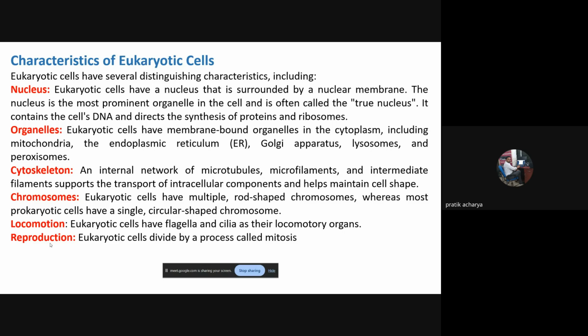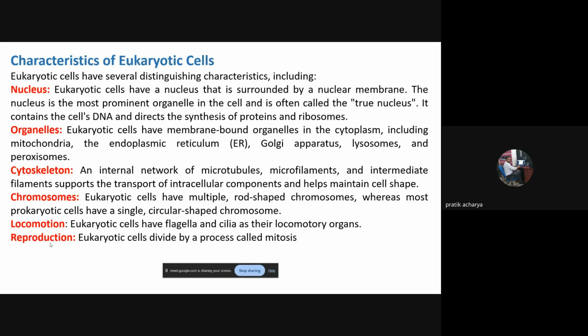The cell wall is another important property of eukaryotic cells, which is not present in all eukaryotic cells, but it is present in certain eukaryotic cells. Cells like plants have a cell wall made up of cellulose, which is different from the prokaryotic cell wall.